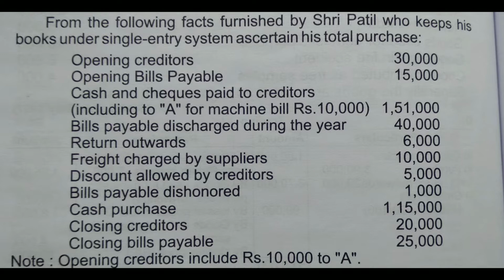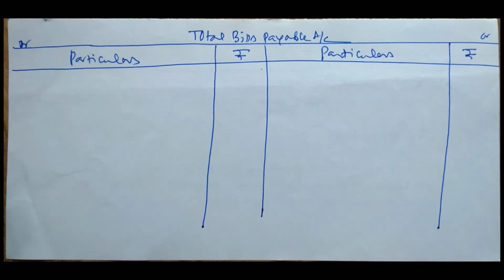The first item, amount paid to A rupees 10,000, which is included in opening creditors, must be minused, and the amount paid to A for machinery bill rupees 10,000, that must be deducted from cash and checks paid to creditors. Let us solve the total purchases.